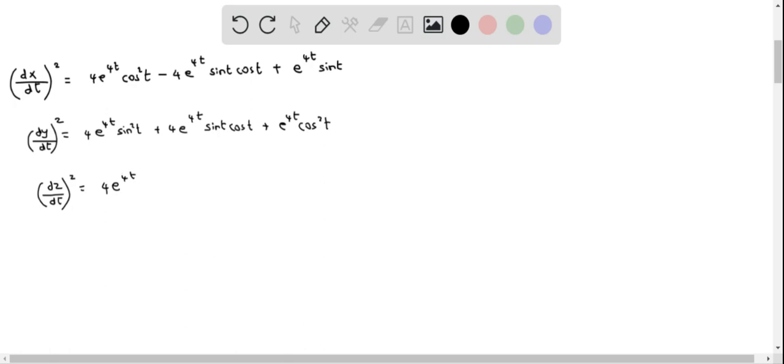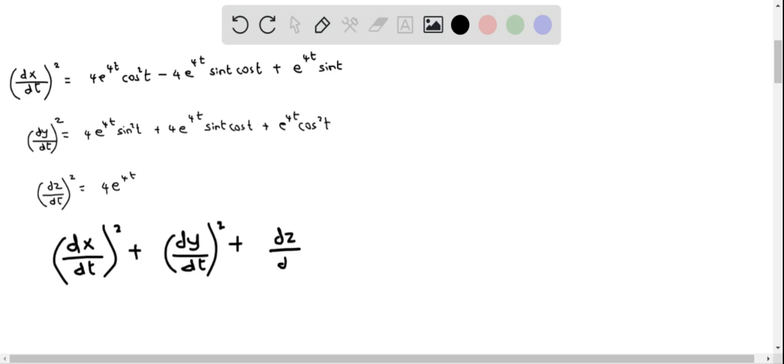Here we have all three expressions for (dx/dt) quantity squared, (dy/dt) quantity squared, and (dz/dt) quantity squared. So we can now find the sum of these three expressions, that is (dx/dt) squared plus (dy/dt) squared plus (dz/dt) squared.